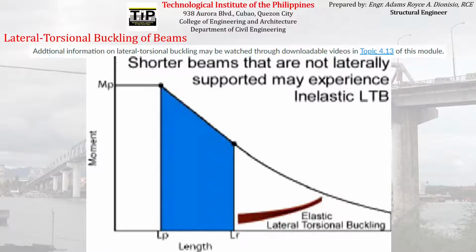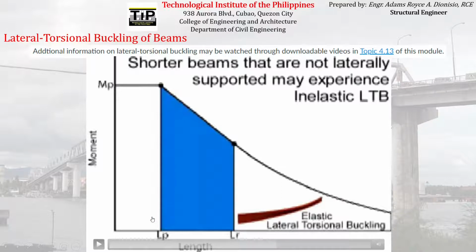Shorter beams that are not laterally supported may experience inelastic lateral torsional buckling. So, yung mga beam na may spacing ng mga bracing between LP and LR, nakaka-experience naman yun ng inelastic lateral torsional buckling. So, obvious naman yung difference between them. So, pag tinanggal mo yung load, hindi na siya babalik sa original form niya.